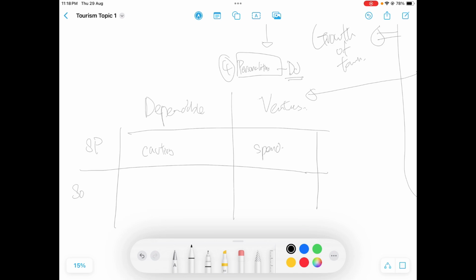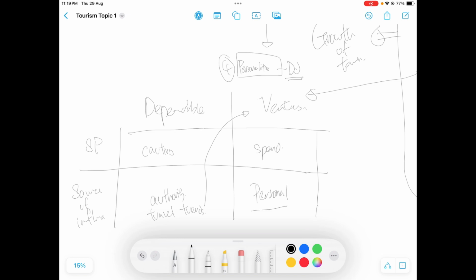Next, you have the source of influence. The dependables are usually guided by authority and by huge travel trends, which are usually set by the venturers. The venturers are more personal, guided by their personal choices.